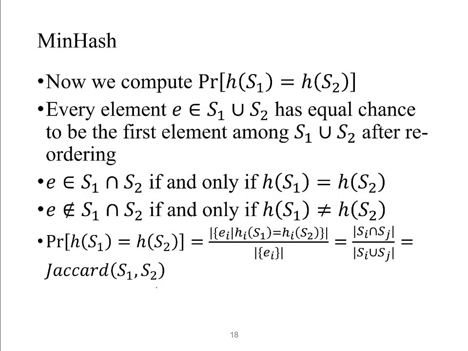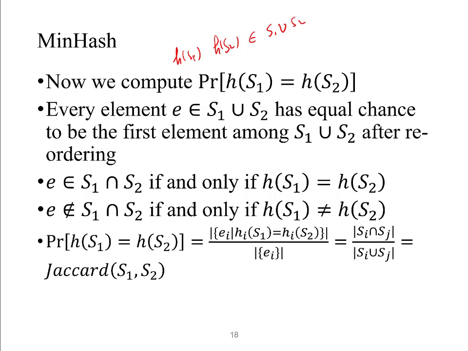So now we compute the probability of HS1 equals HS2. Now we only consider the elements in the union of S1 and S2. We don't consider other elements because the value of either HS1 or HS2 must be in S1 union S2.